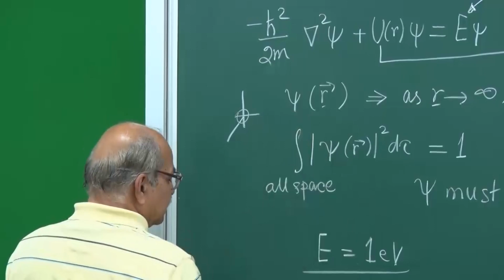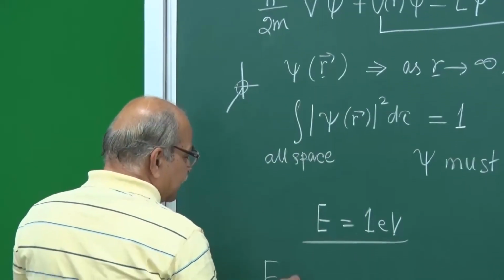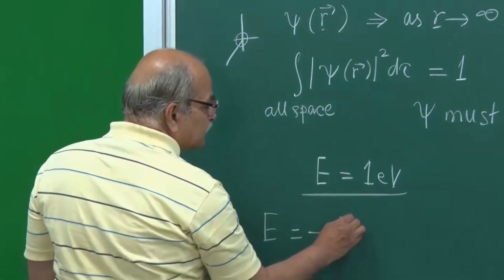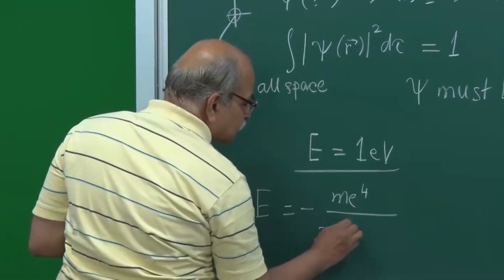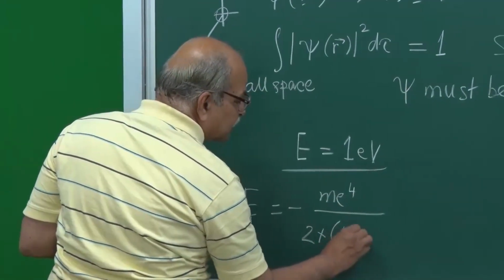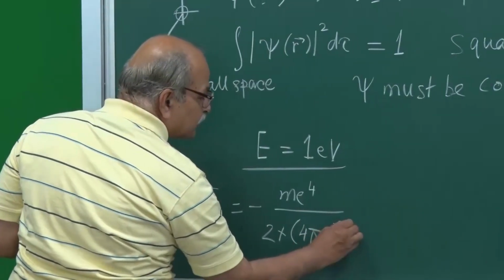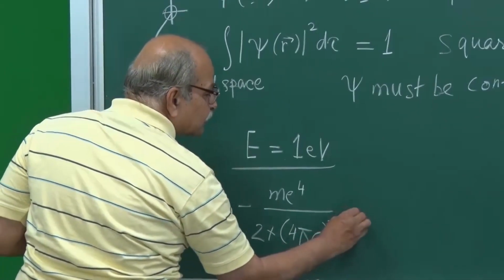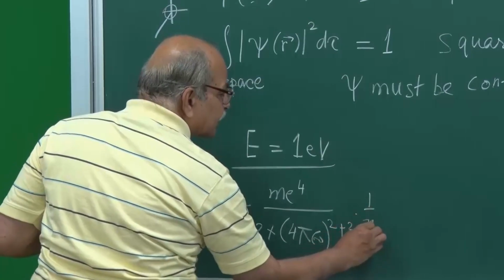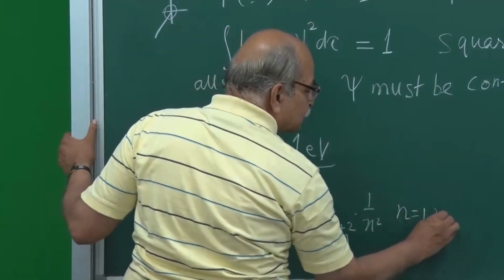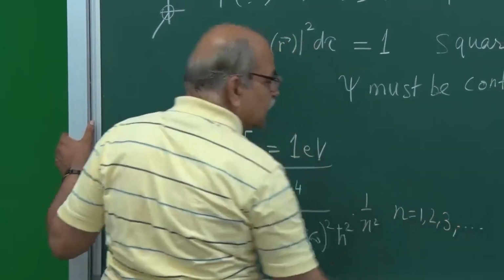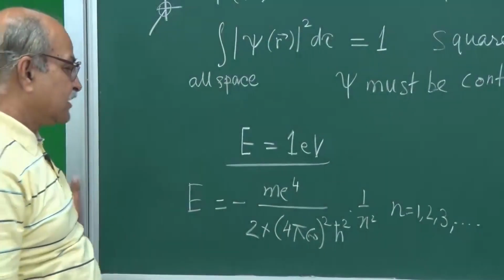it turns out that those energies are given by minus m e to the power 4 divided by 2 into (4 pi epsilon naught) square h cross square and 1 by n square here, where n is equal to 1, 2, 3 and so on, some positive integer.